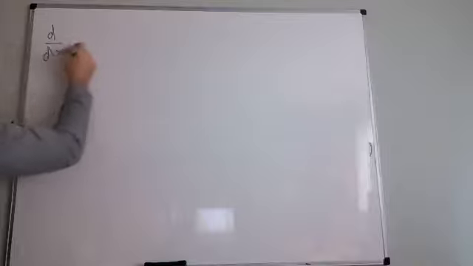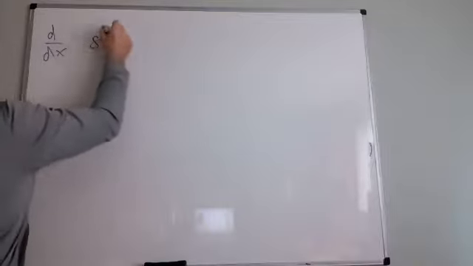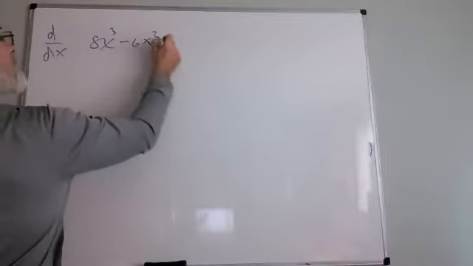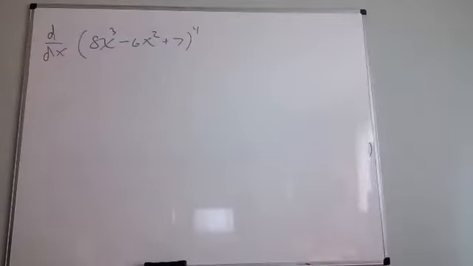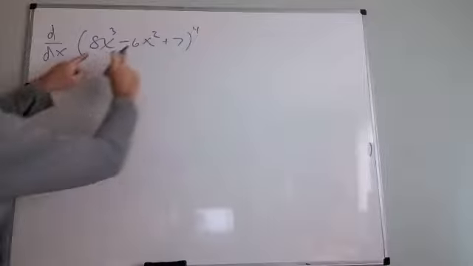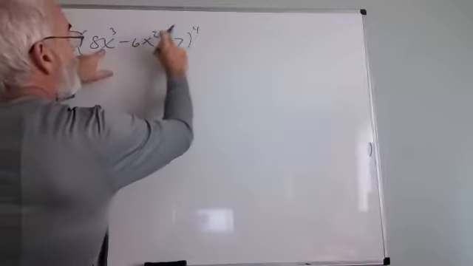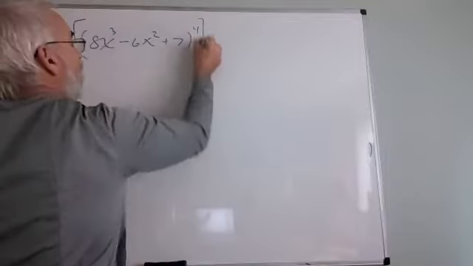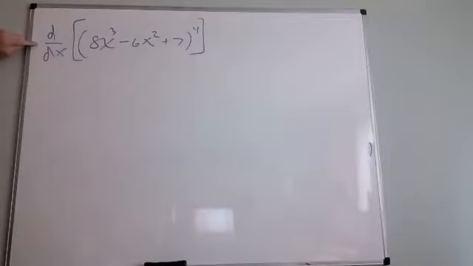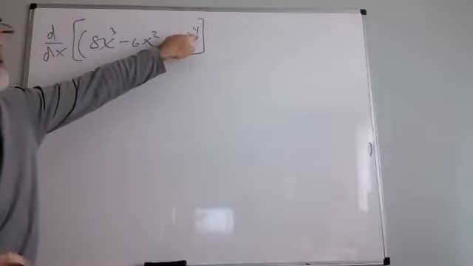Okay. So I want to find the derivative, let's say, of (8x cubed minus 6x squared plus 7), and that's raised to the 4th power. Okay, now I'm differentiating a function raised to the 4th power, so I actually have to put parentheses around the whole quantity because the derivative being an operator says it's going to differentiate everything that follows, including the exponent.